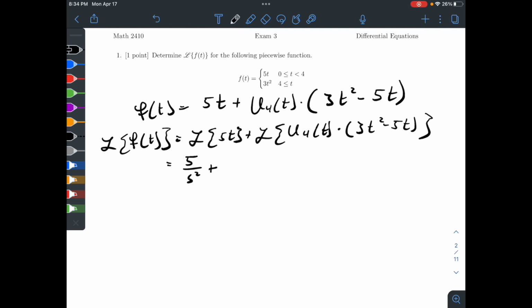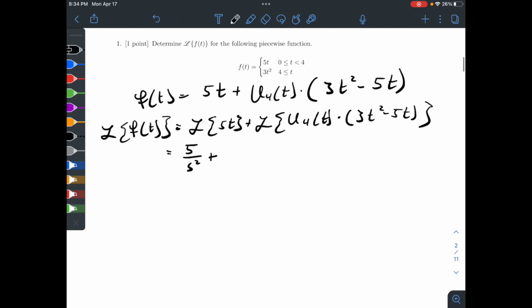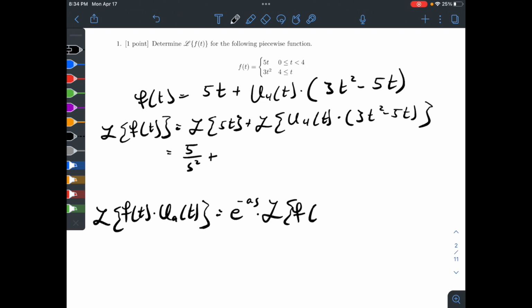When we do L of u sub a times a function, let's put this off to the side, L of f of t times u sub a is equal to e to the negative as times L of f of t plus a.